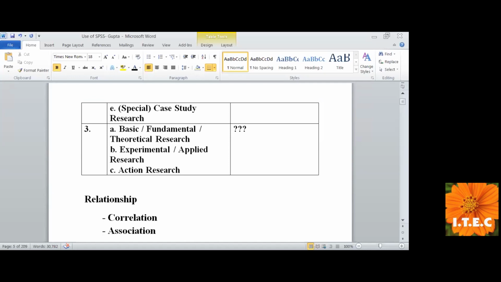Now, do you know action research? For example, I'm not well, I have a fever, and my brother is also having a fever. Suppose my brother gets the medicine from the doctor. Now, can I take the same medicine which my brother is taking? I'm waiting for your answer.